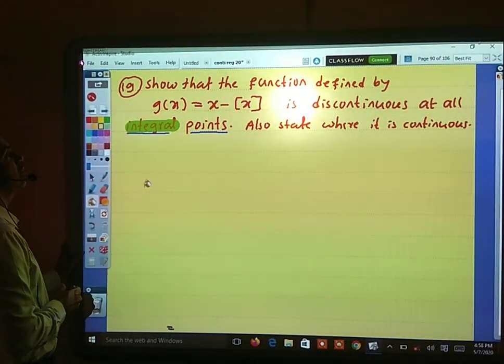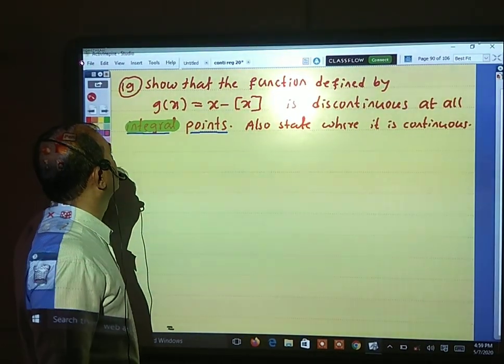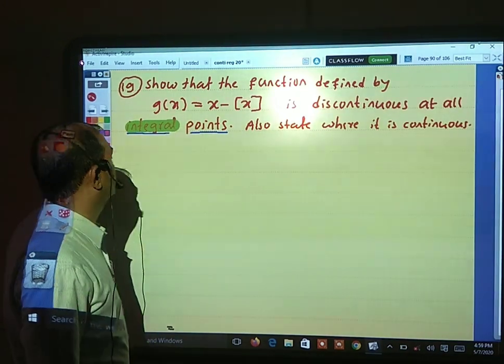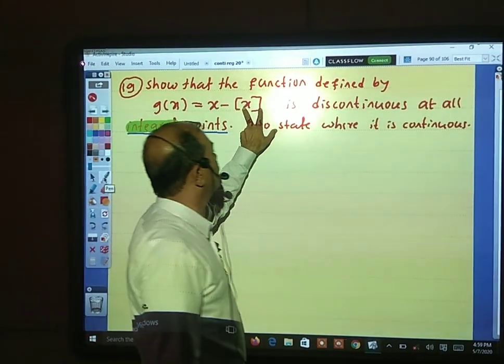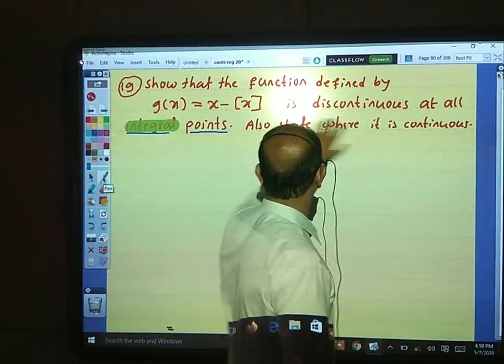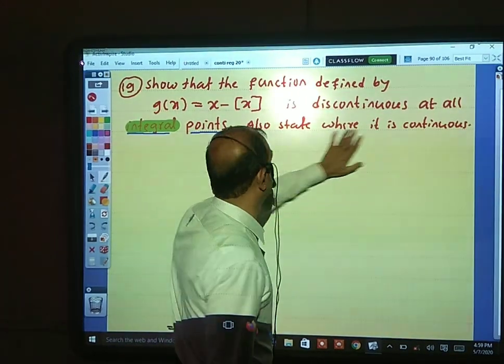Now, see this. Show that the function defined by g of x equal to x minus greatest integer of x is discontinuous at all integral points. Also state where it is continuous.